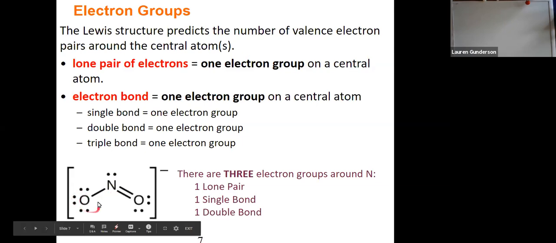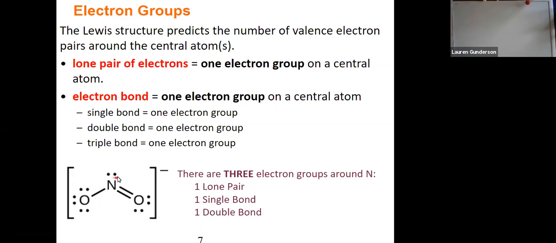You know, we see that there's a whole bunch of lone pair electrons around oxygen, but because oxygen is a terminal atom in this case, it doesn't matter how many lone pairs are surrounding it. What determines the geometry is the central atom. So around the central atom, we have this one lone pair here.